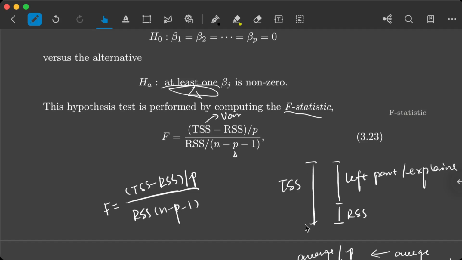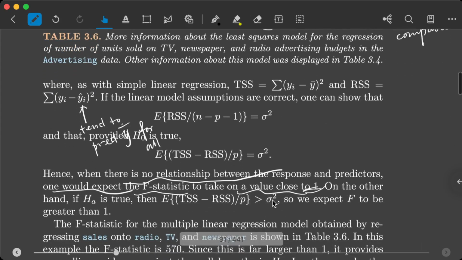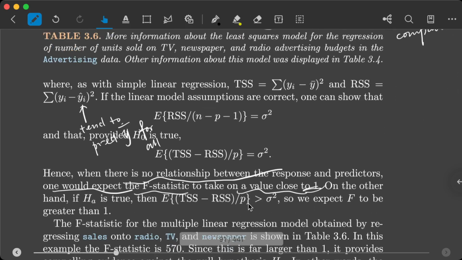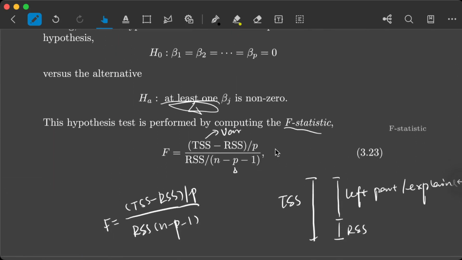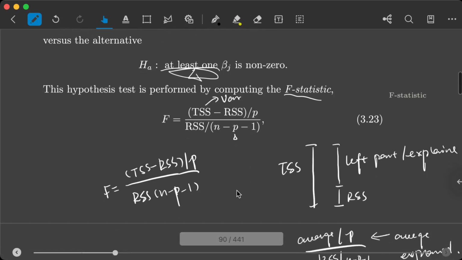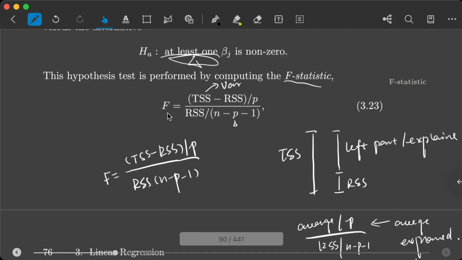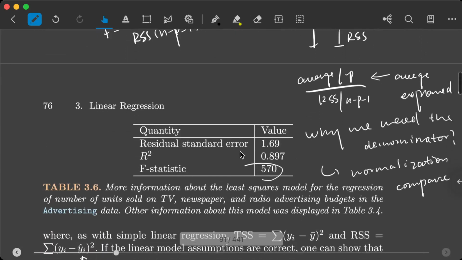Because TSS here describes variance, if the data set has a response of small values, then it will be a small number, and it can be used to normalize the value. So we can always use the F statistic because it can be normalized for different data sets.